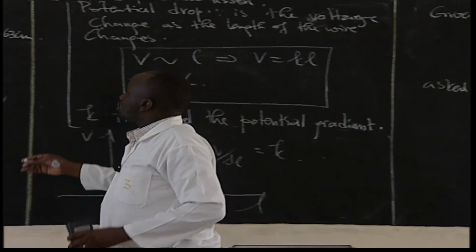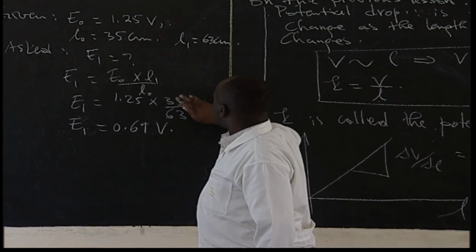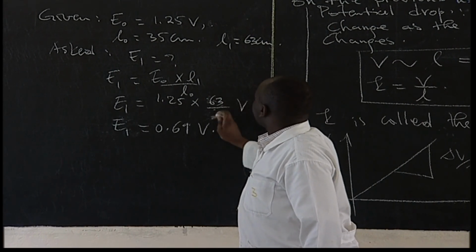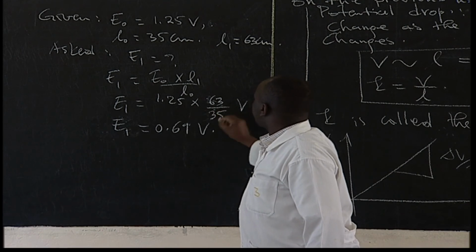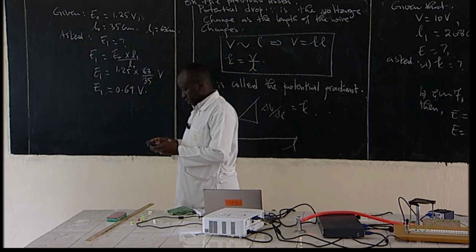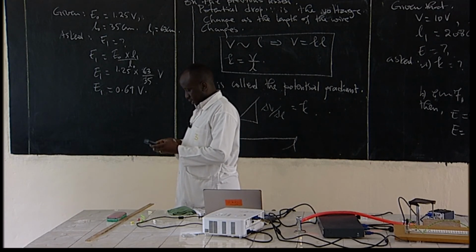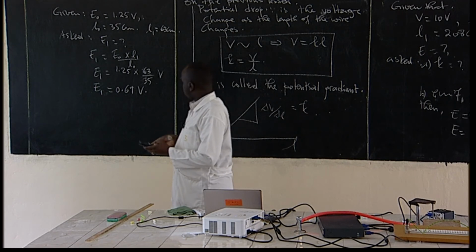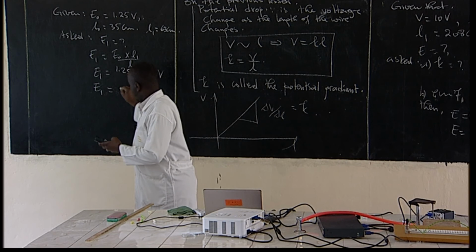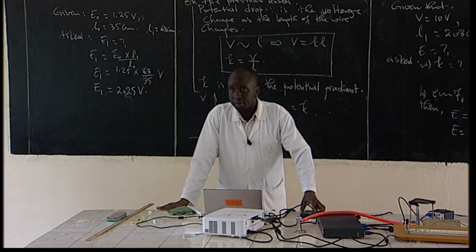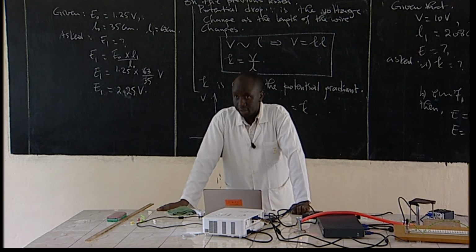So this is going to be L1, it is 63, then over 35. And then when we calculate 63 over 35, we find 2.25 volts. So I hope that you have determined the same answers as what we are determining there, right?